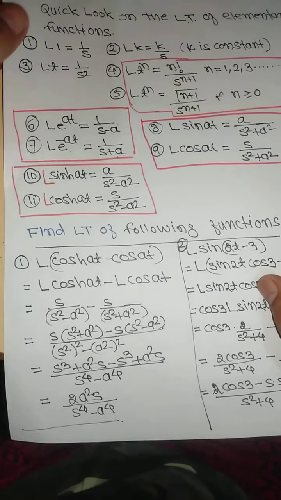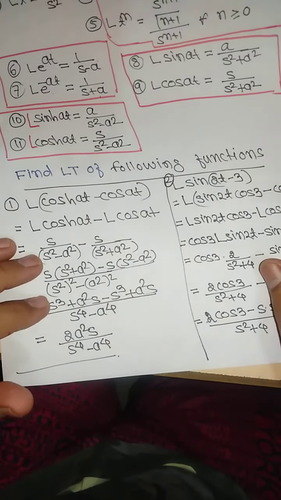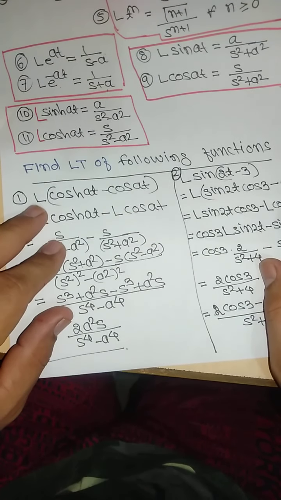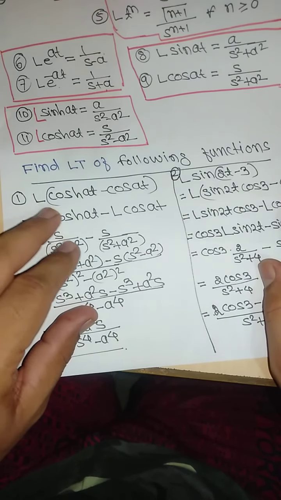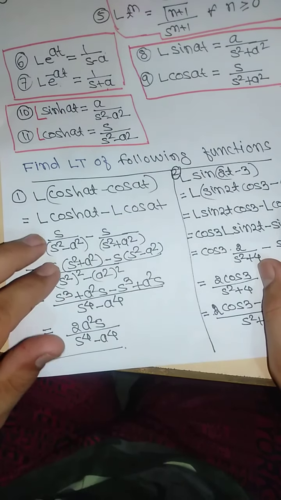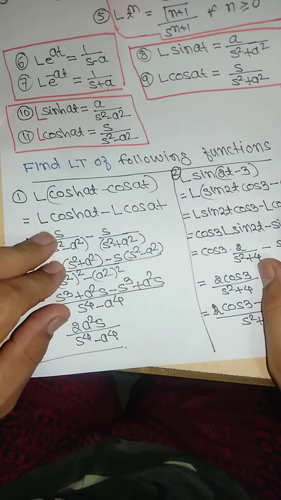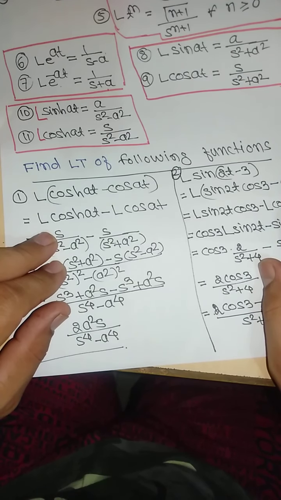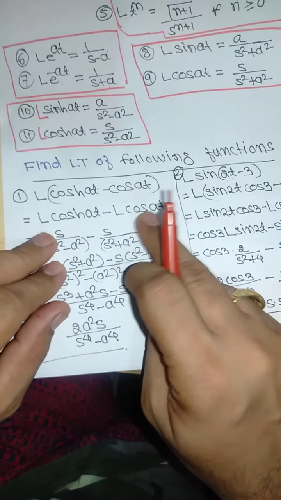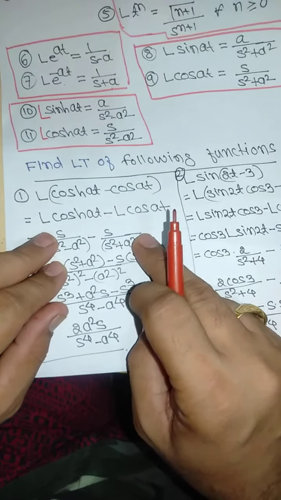So now we go to see some problems on the Laplace transform of some functions. The first problem is: find the Laplace transform of cosh at minus cos at. By the linearity property of the Laplace transform, we take the Laplace transform of cosh at minus the Laplace transform of cos at, separating them; that is called the elementary properties of the Laplace transform.